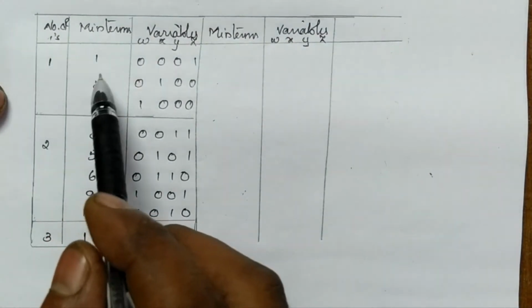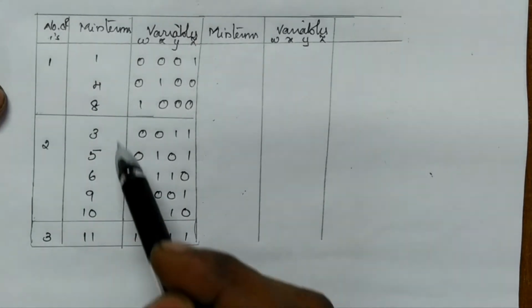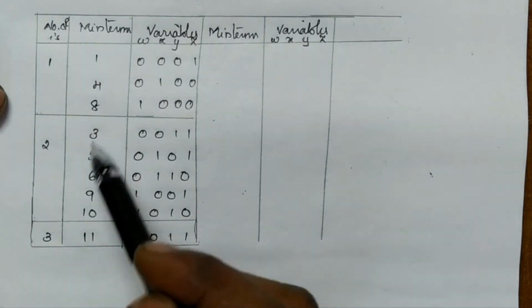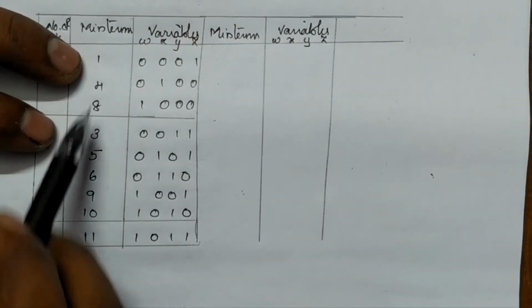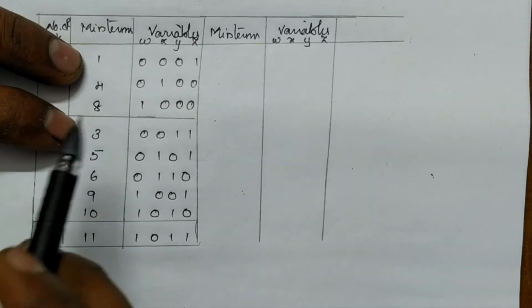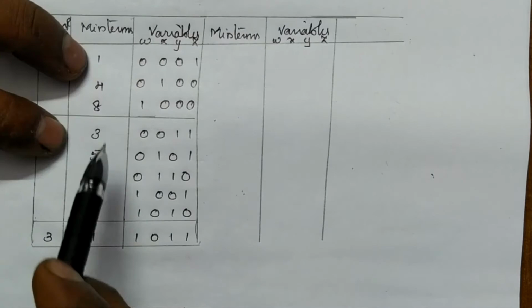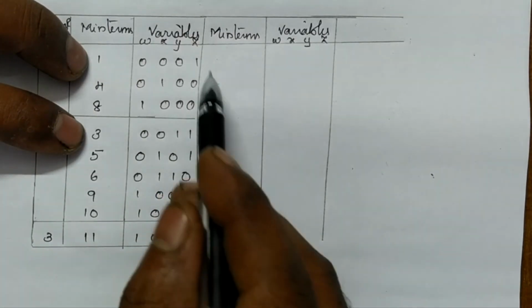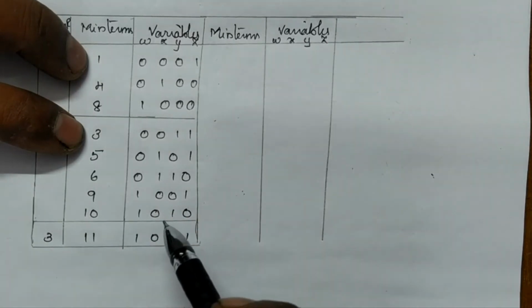First I am taking 1 from this group and comparing with the minterms available in the next group. First I am taking 1 and 3. If there is only one bit change, then we can group it. Between 1 and 3, the first bits are same, here 0 1 change, remaining bits are same.